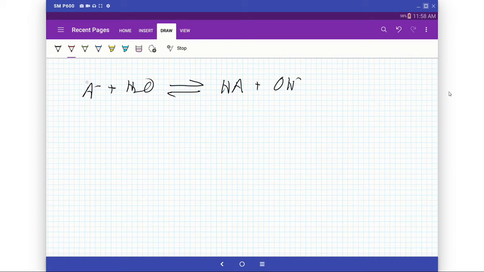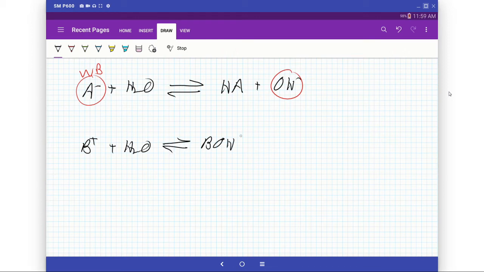If this is a weak base, we should produce a basic solution. Similarly, we have B plus reacting with water, and this should be a weak acid, so this will reform our BOH, and we'll get H plus. So this weak acid is going to produce H plus in solution, which is what needs to happen.